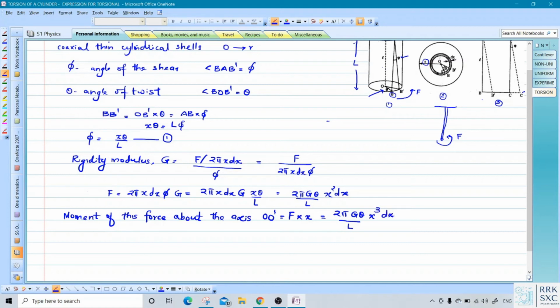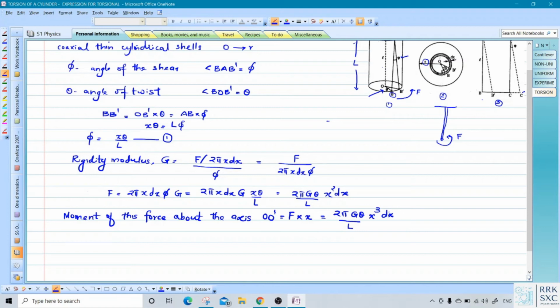So this is the couple required to twist the cylindrical shell of radius x and radial thickness dx through an angle theta.